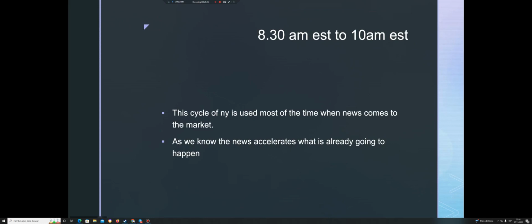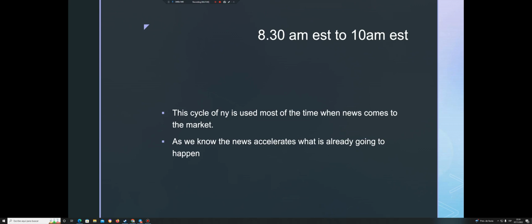So now we go with the second cycle of New York, which is the one from 8:30 EST to 10 EST. So this cycle of New York is used most of the time when news comes to the marketplace. As we know, the news accelerates what is already going to happen.